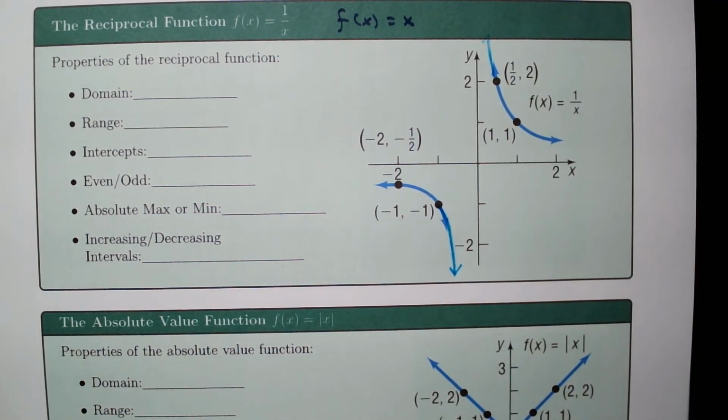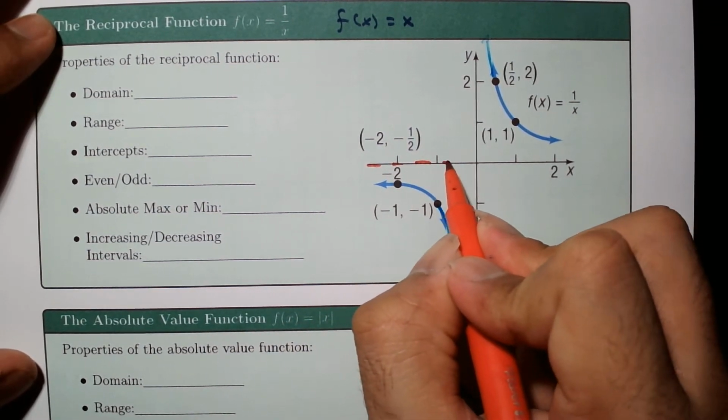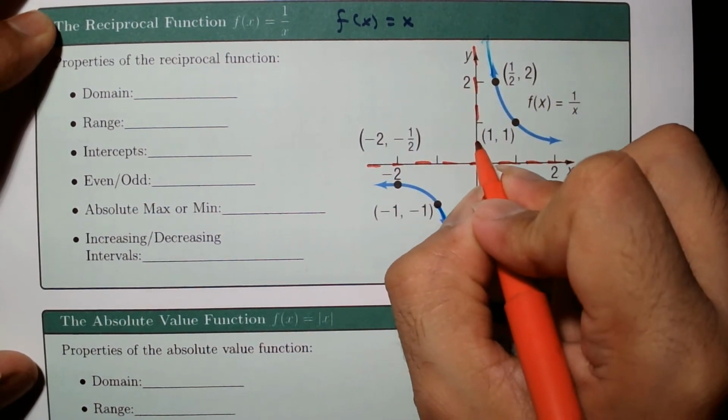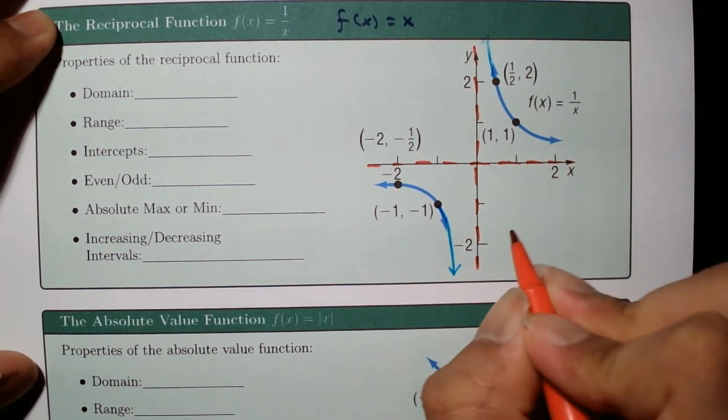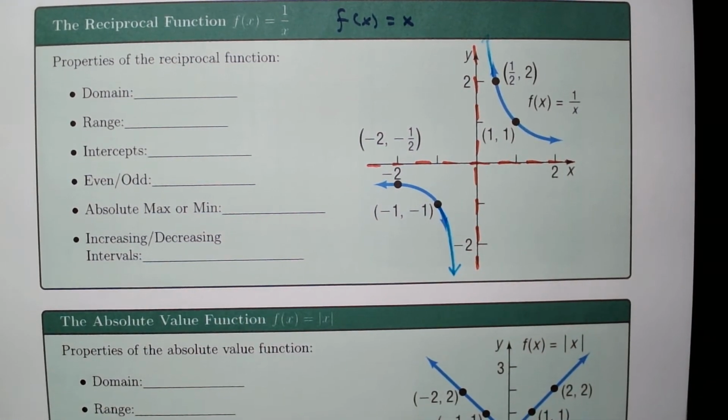And also, the graph of this function has a horizontal asymptote and a vertical asymptote, which actually coincide with the coordinate axes.